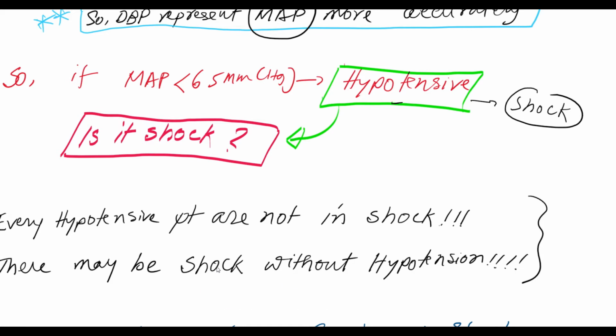Now, if you find that a patient is hypotensive, you should take the decision: is the hypotensive patient going to develop shock or already in a state of shock? It is a very important clinical question. And another question is, there are some sorts of shock without any sign of hypotension.